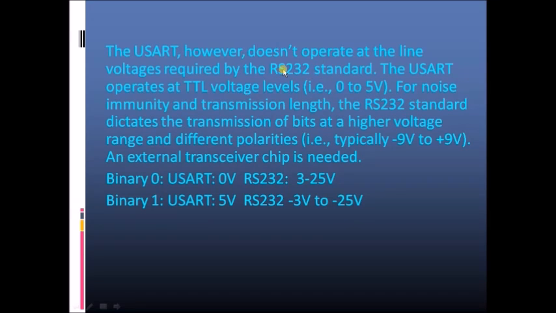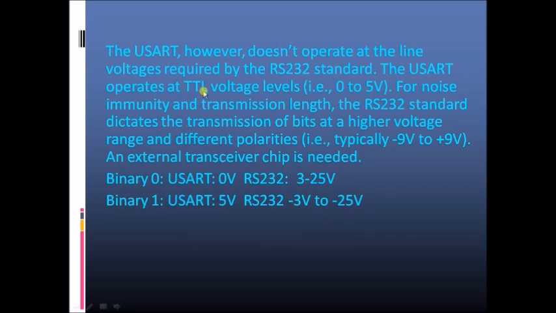So to avoid this noise in the message signal, we use a protocol called RS-232. As you can see in the USART voltage ratings, binary 0 is represented by 0 volts in USART, whereas RS-232 represents the same binary 0 with a voltage between 3 to 25 volts. Binary 1 is represented with 5 volts by USART, and RS-232 represents the same binary 1 with a voltage between minus 3 volts to minus 25 volts.